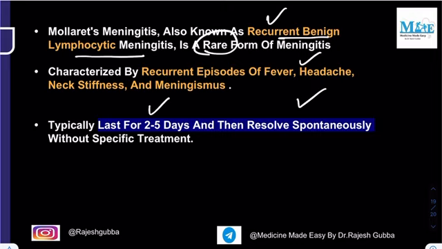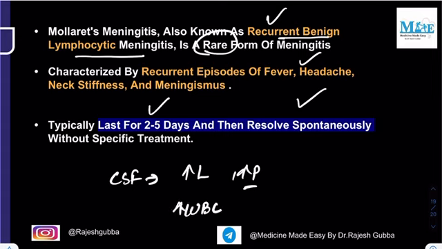Then how do you diagnose Mollaret meningitis? That is by CSF analysis. The CSF analysis will show an increase in the lymphocytes, an increase in the protein levels, and an increase in WBCs, and the WBCs which are elevated are lymphocytes. So it will be lymphocytic predominance, similar to tubercular meningitis or viral meningitis.